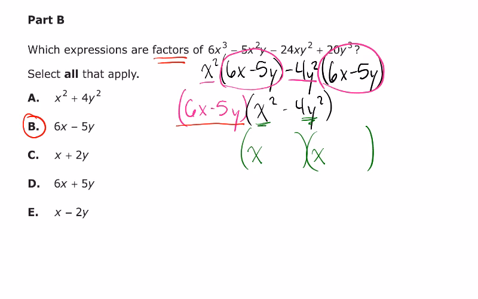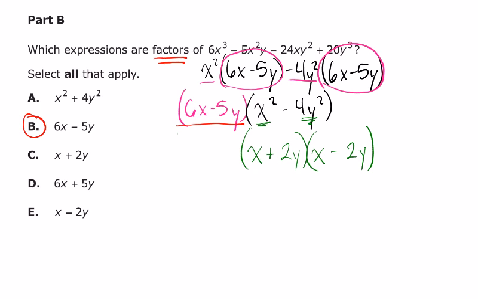The square root of 4y squared is 2y, right? Square root of 4 is 2, and the square root of y squared is y. And then you put that in both spots in the back. Okay. And then the last thing you do is put a plus in between one set and a minus in between the other. And that's how you factor difference of two squares.